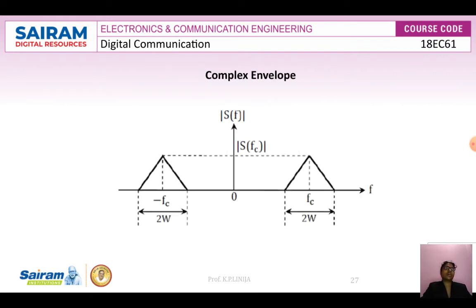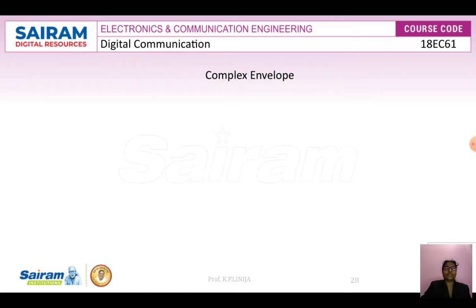This is our magnitude spectrum of the bandpass signal, modulus of S of f. It is given for the frequency centered at minus Fc and the frequency centered at plus Fc, with Fc plus W and Fc minus W, and minus Fc plus W and minus Fc minus W, and the total bandwidth is 2W.